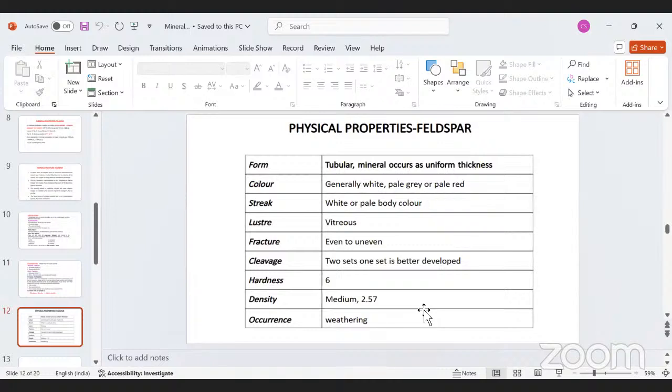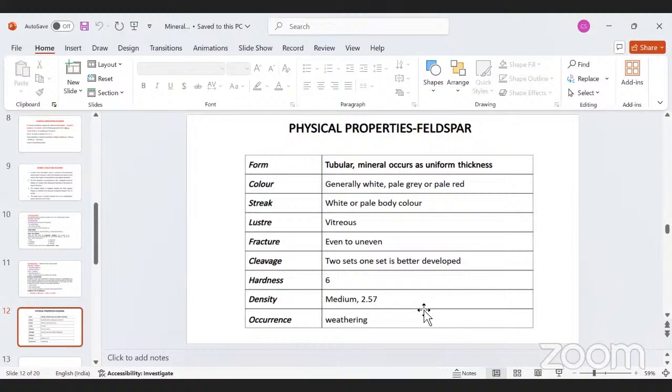Similarly, for minerals we look at physical properties. For feldspar, the physical properties are: form, it is a tabular mineral occurring in uniform thickness. Color is generally pale gray, pale red, or pink.